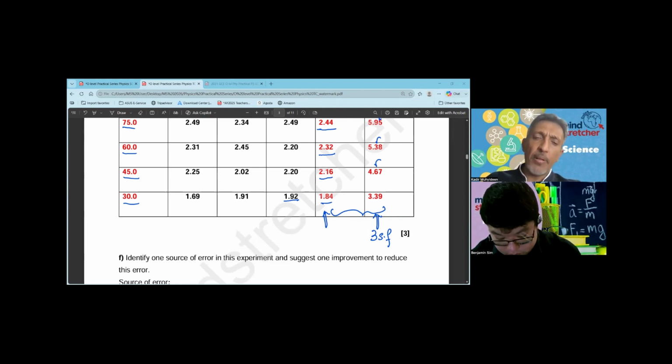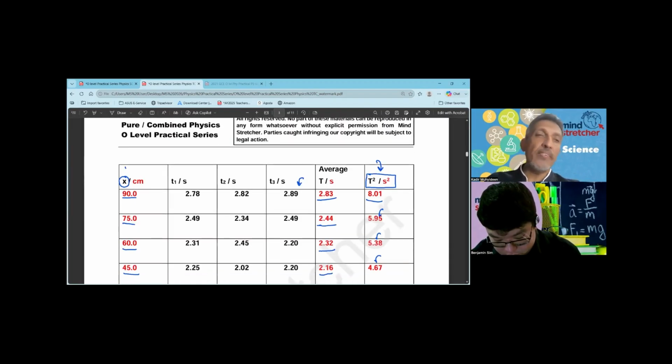Okay, is it acceptable to use meters? Yeah, you can record in meters. If you're going to record in meters, you have to be careful, because the decimal places become like this.